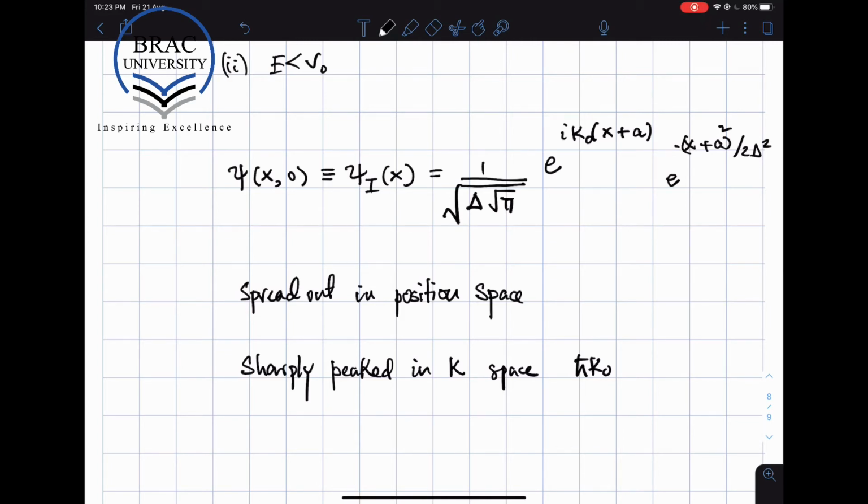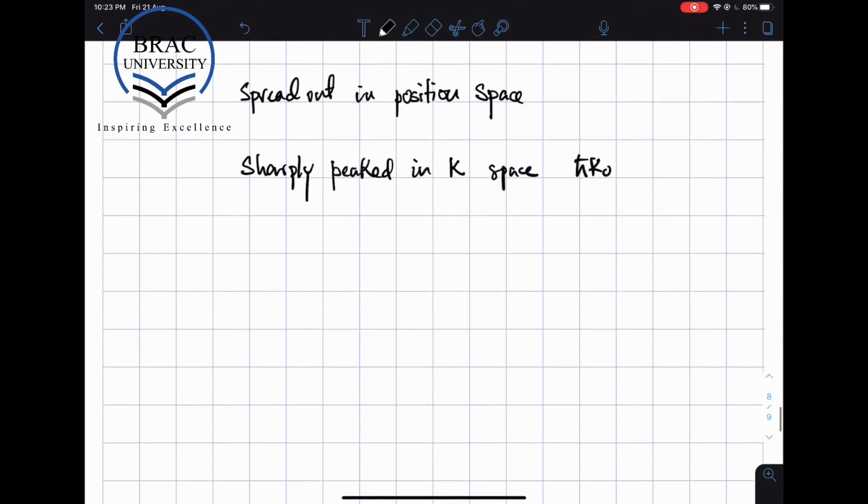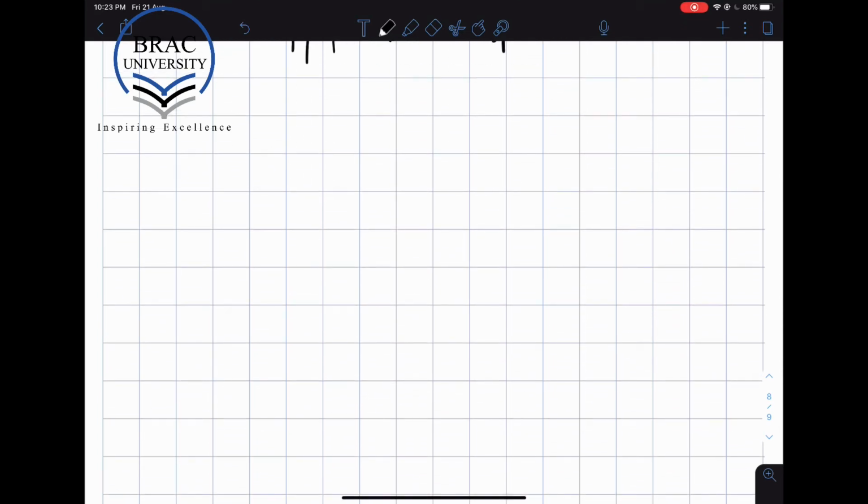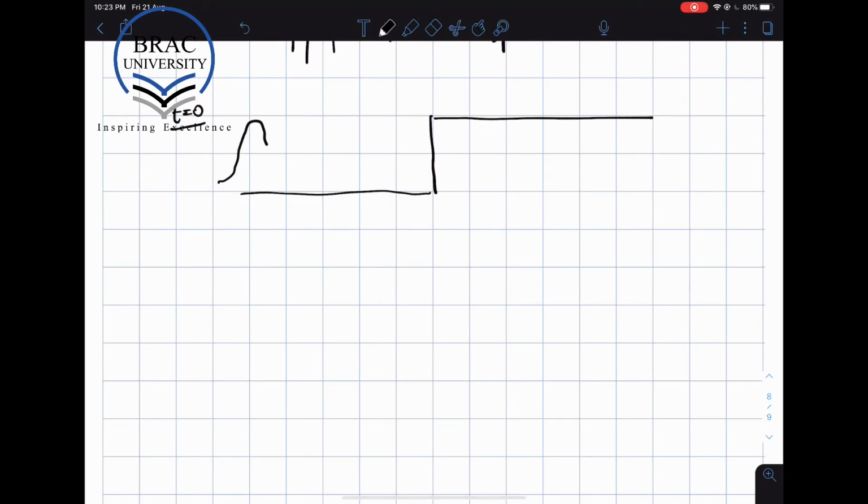And so at t equals 0, our system looks something like this. So this is t equals 0, and our Gaussian is something like that. And this is minus a, and then it's moving in that direction.